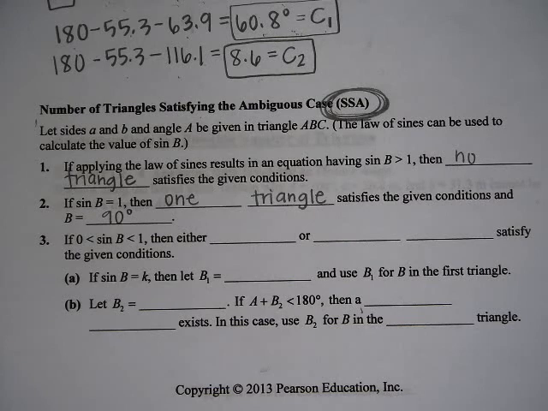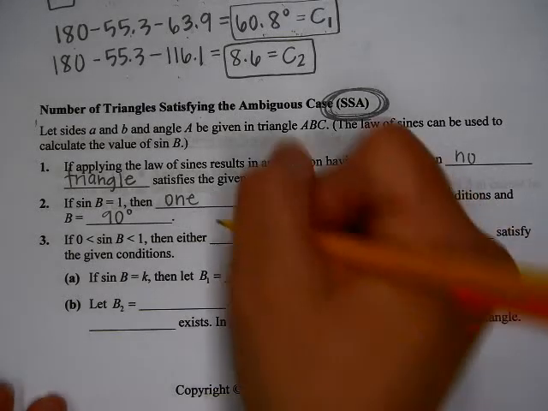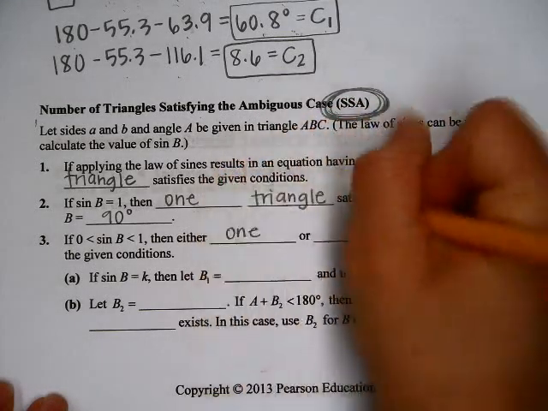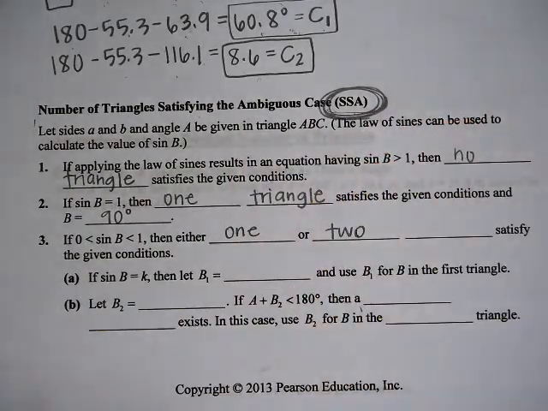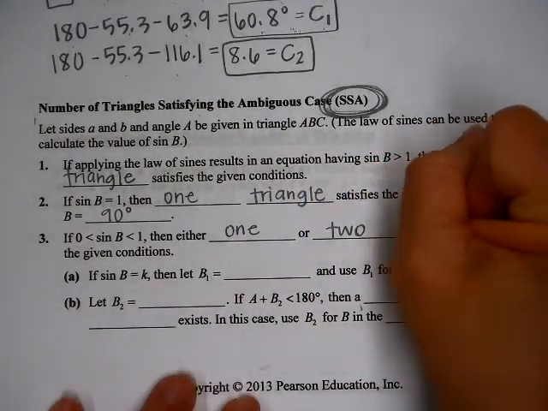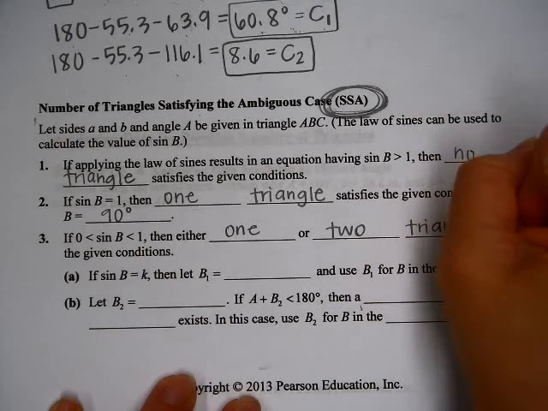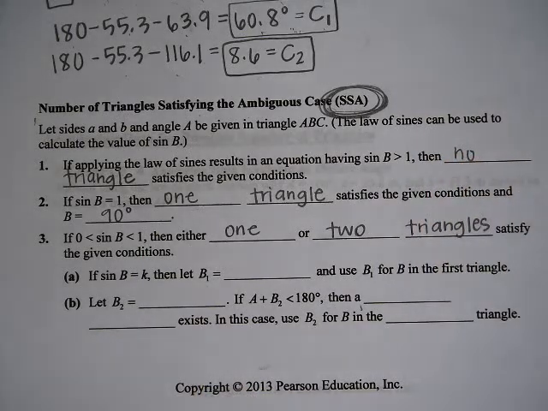We didn't work one with only one solution, but it's telling you right here that that's the only time that that's going to happen, okay? So if sine of B is between 0 and 1, then either 1 or 2 triangles satisfy the given conditions.